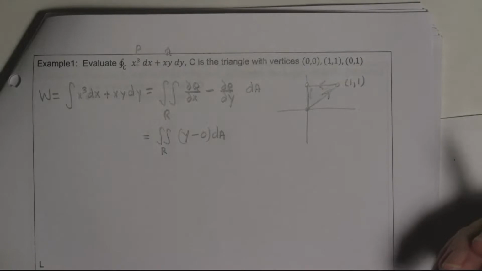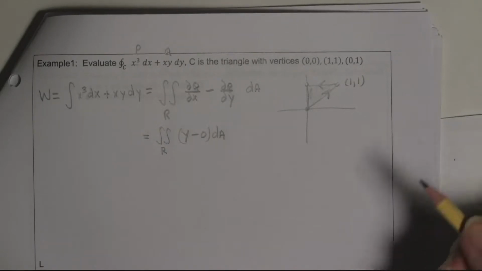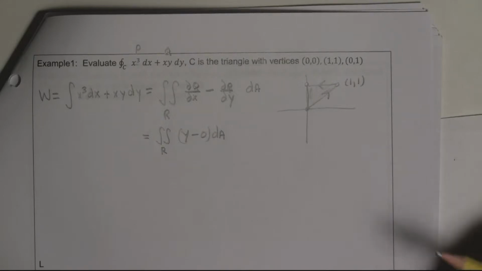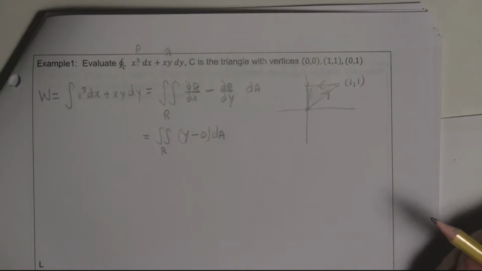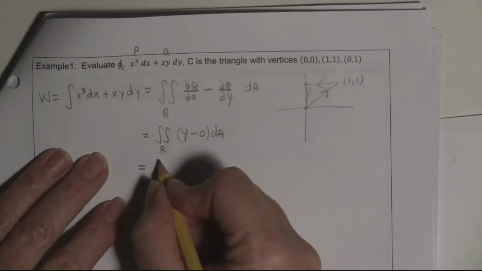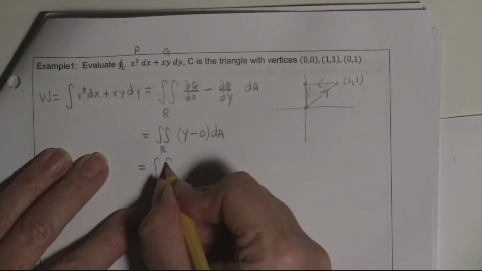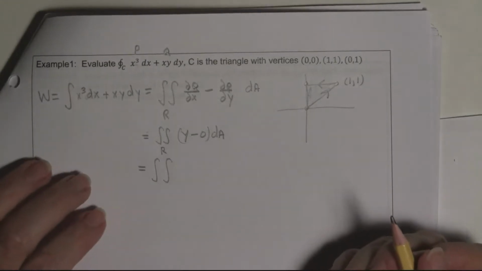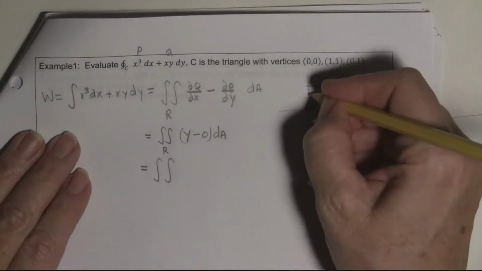The only reason that I might consider doing that as opposed to the first way is because of the 0, because it makes it just a tiny bit less work, and I'm feeling kind of lazy, so that's what I'm going to do. It does not matter though. I don't think that this one is much harder or easier either way.